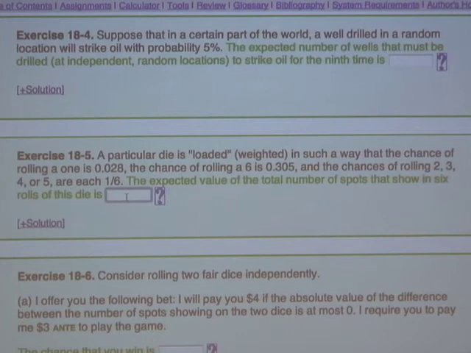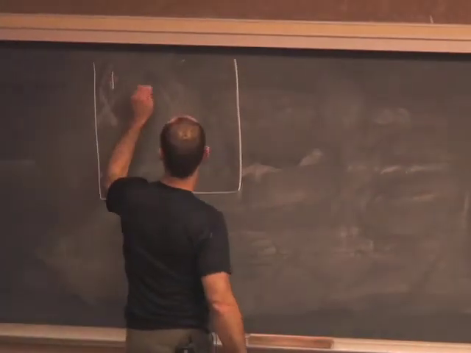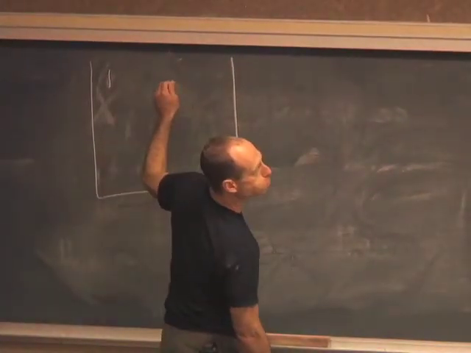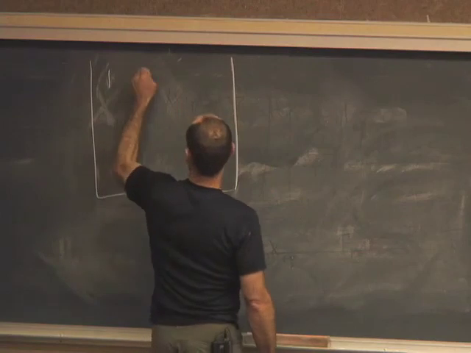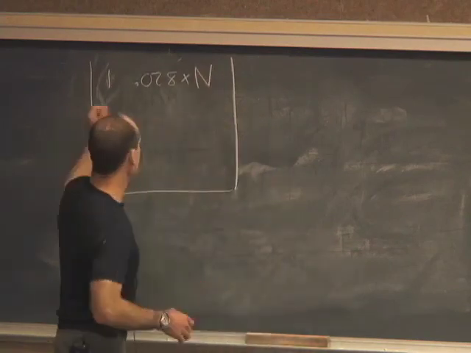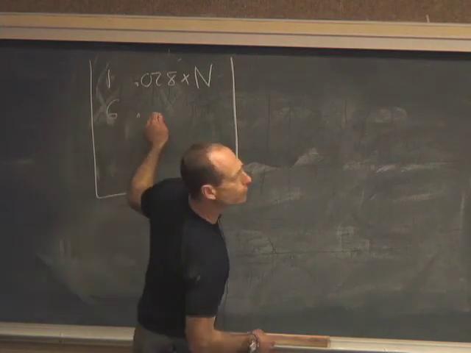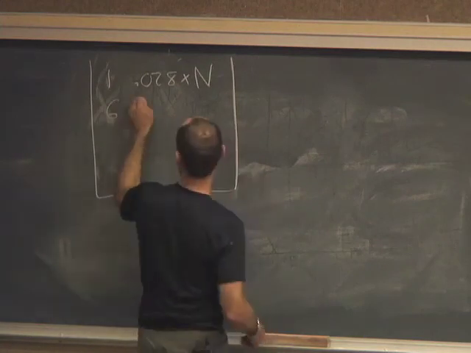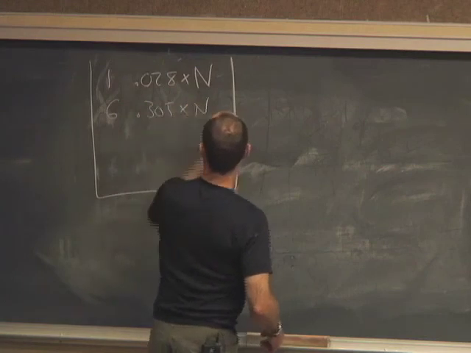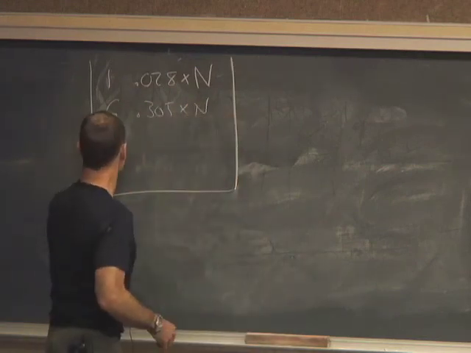So each draw, each experiment, each time we roll the die, it's like drawing from a box of numbered tickets where there's 0.028 times the number of tickets in the box labeled 1, 0.305 times n of the tickets in the box labeled 6, and then 2, 3, 4, 5.